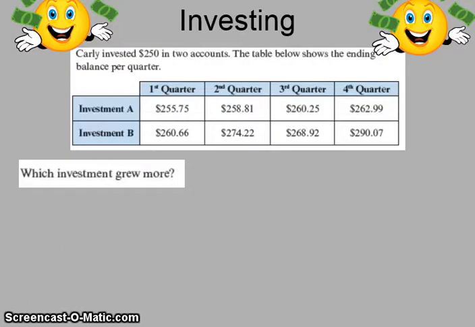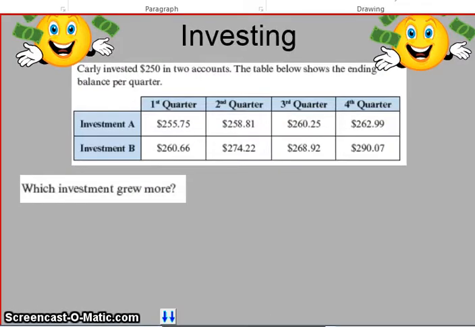Now we want to know, in which quarter did investment B grow the most? In order to figure that out, we have to go back to the table. Again, the question is, in which quarter did investment B grow the most? So let's look at the table. At the end of the first quarter, she had $260.66 in her investment B account. She had started out with $250.